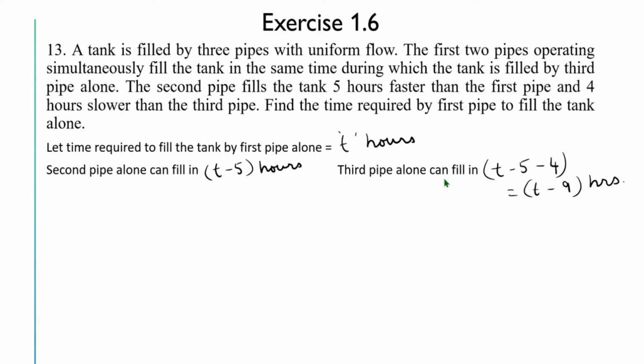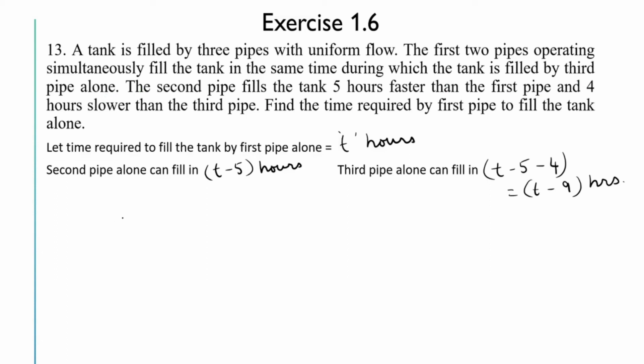So the third pipe alone can fill in T minus 5 minus 4, that is equal to T minus 9 hours. Here, in the beginning they have given the first 2 pipes operating simultaneously fill the tank in the same time during which the tank is filled by the third pipe alone.